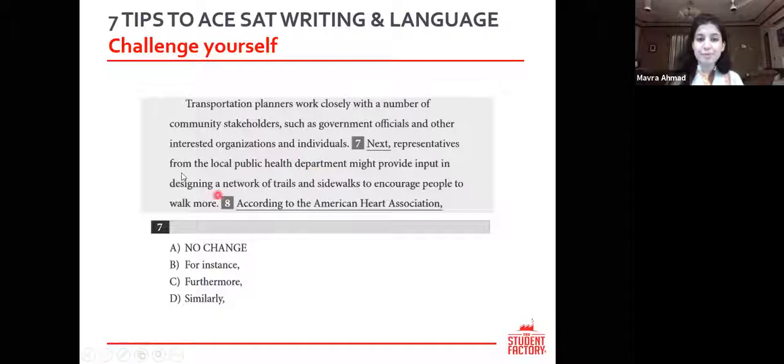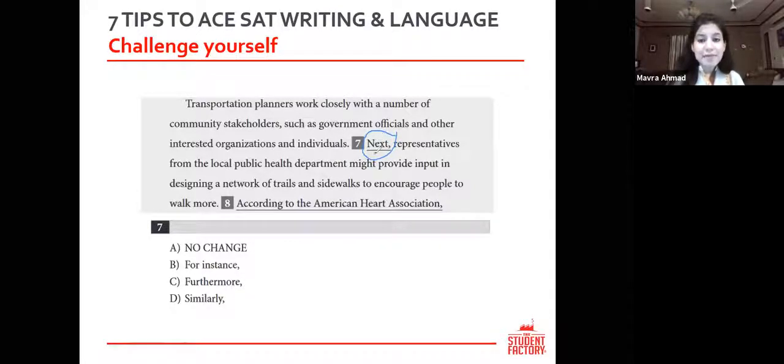Now these representatives are obviously related to the people who are working with the government. So they are the government officials, they are the organizations and the individuals working in those organizations. So the word next is not going to make a lot of sense over here, okay?